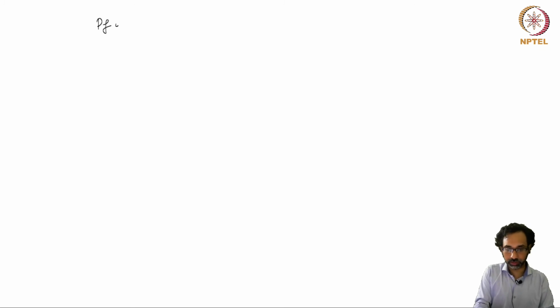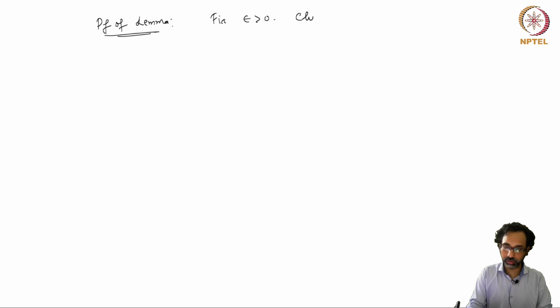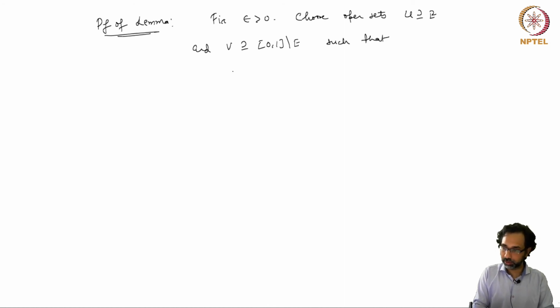Proof of lemma. Let's fix epsilon greater than 0, and we choose open sets U which covers E and V which covers [0,1] minus E, such that the measure of U is less than or equal to m star E plus epsilon, and the measure of V is less than or equal to m star of [0,1] minus E plus epsilon.